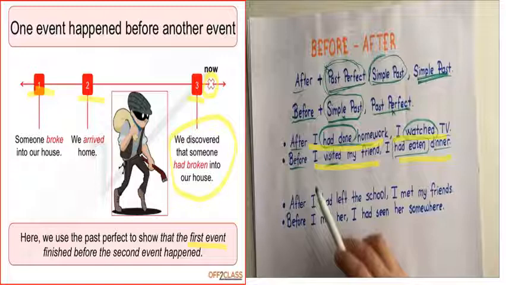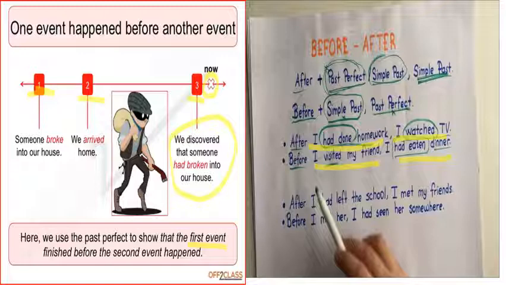The second action: we arrived home. And now we are reporting the events. We discovered, why do they put it here, number three, before the noun? Because our discovery or our realization is also in the past. We discovered that someone had broken into our house.